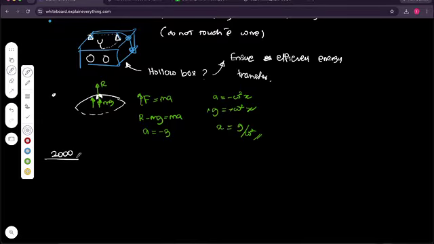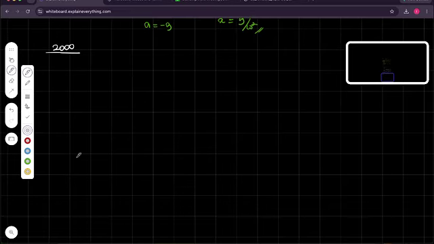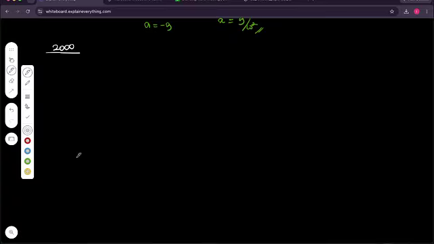In 2000, they are talking about measuring length L. Now we know that to get a higher accuracy, we should have a lower percentage error. We should reduce the percentage error. So how can we reduce the percentage error?